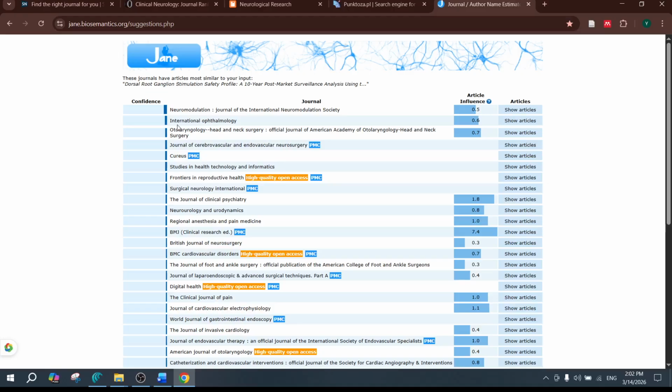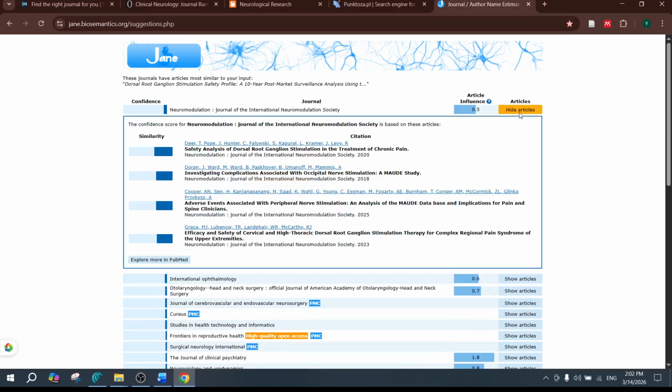It looks for where those were published, and it suggests the journals where the previous similar articles were published. So, Neuromodulation, Journal of the International Neuromodulation Society, showing articles on dorsal root ganglion stimulation, group in 2020, mode of study, central nervous stimulation, adverse event analysis, database, cool. I guess our study can go there. Interesting.